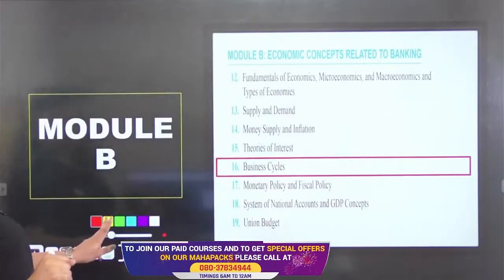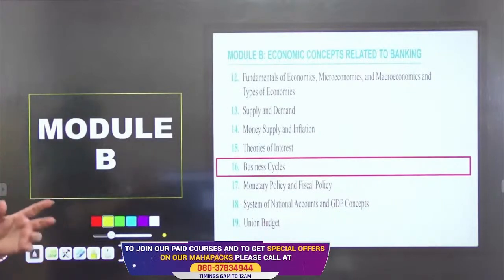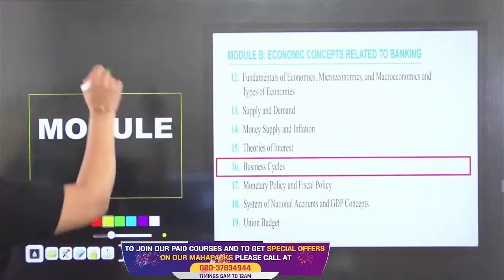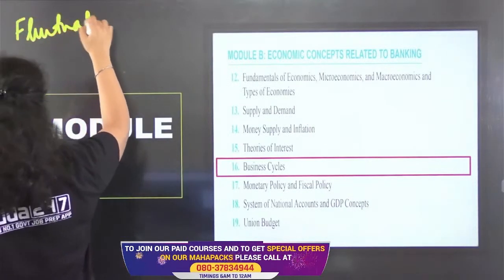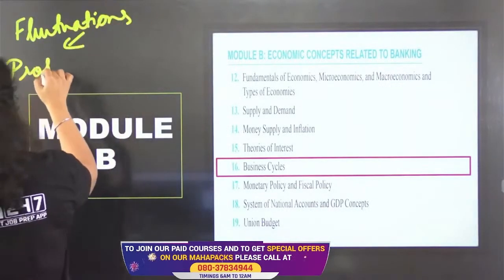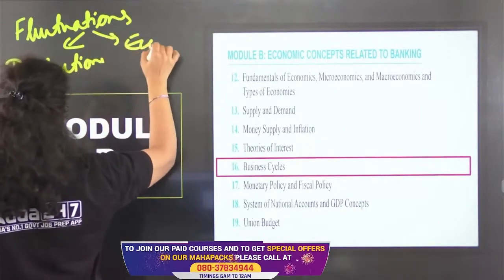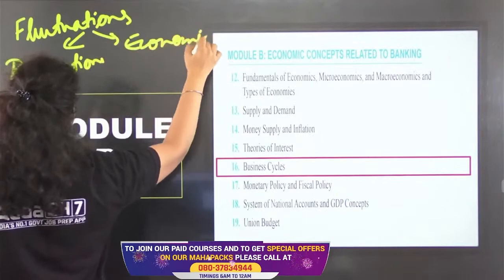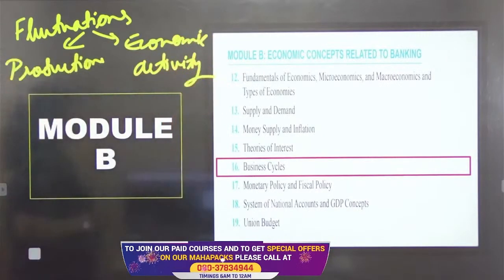So, what is business cycle? Business cycle simply refers to economy-wide fluctuations. When you are finding economy-wide fluctuations, in what? In production as well as in economic activities. So if you find fluctuations in production and economic activities over several months or years, that is known as your business cycle.